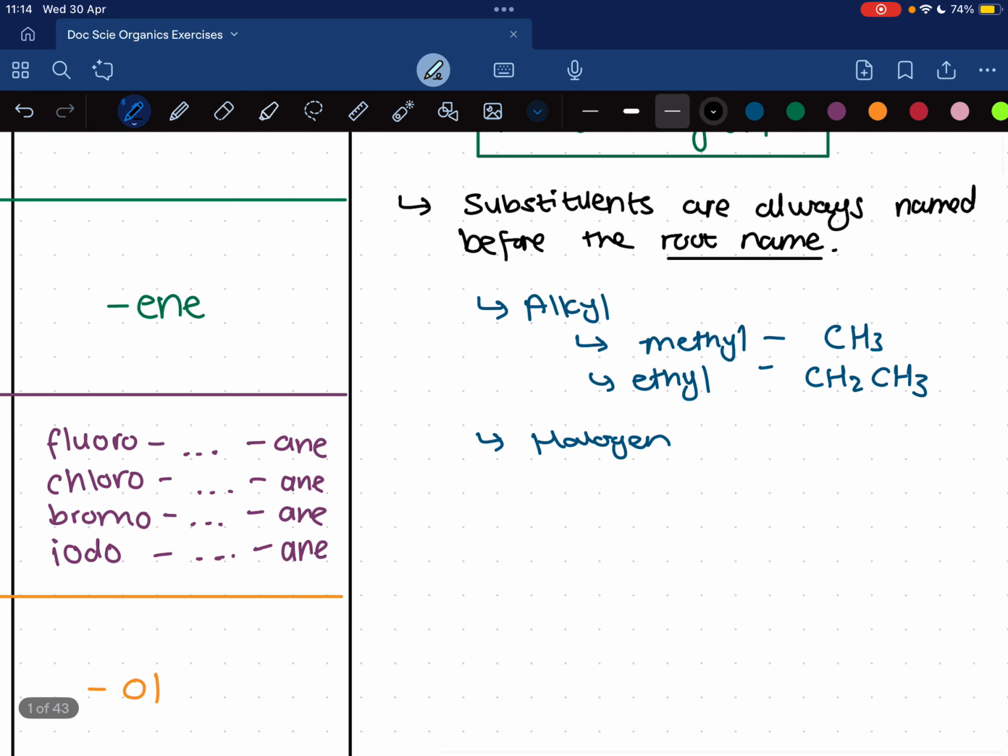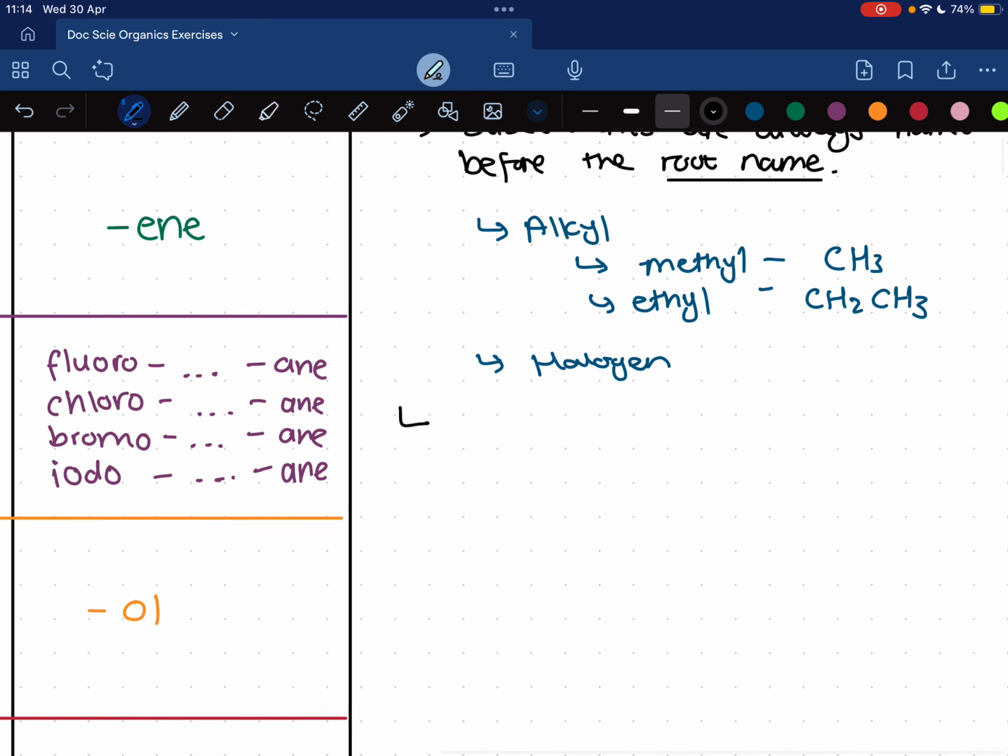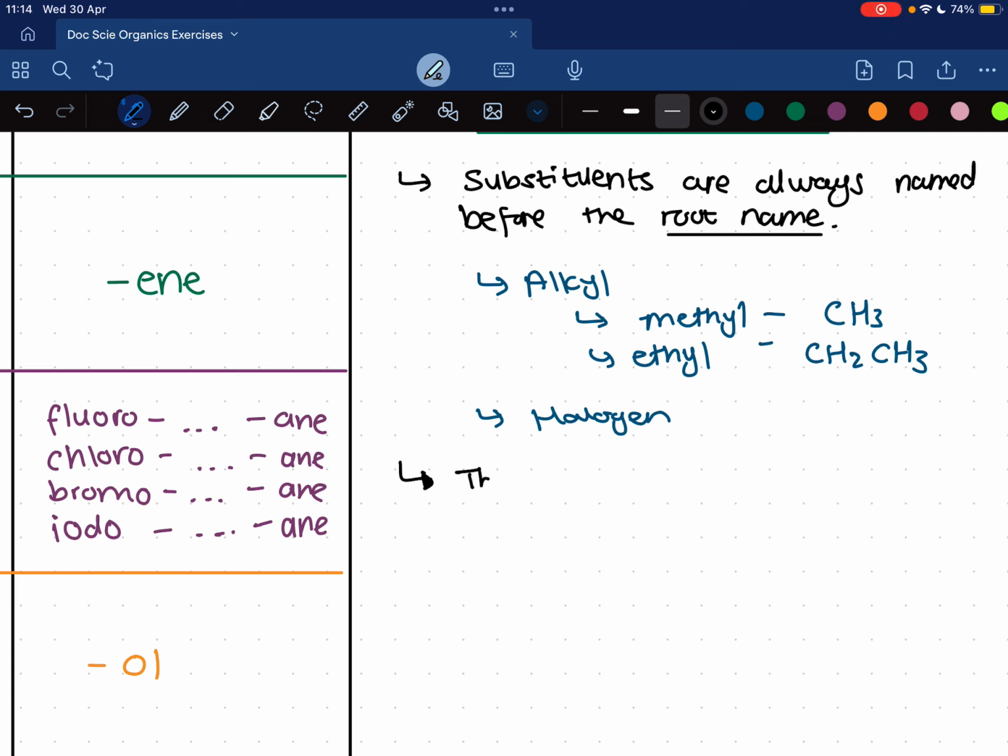Another important thing that we discussed last term is that the priority substituent is the one that will give you the smallest number in your rules of numbering. So your substituents don't take preference over one another.